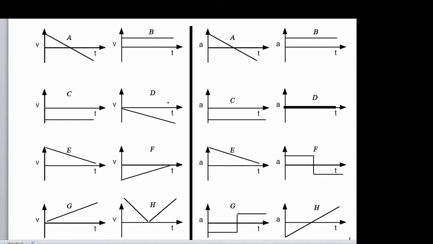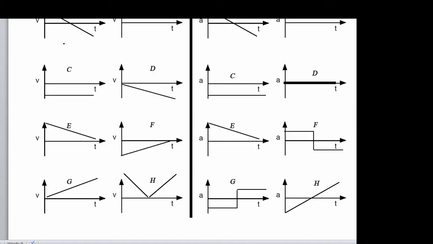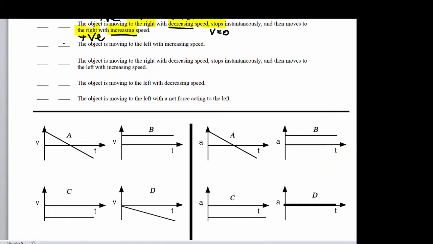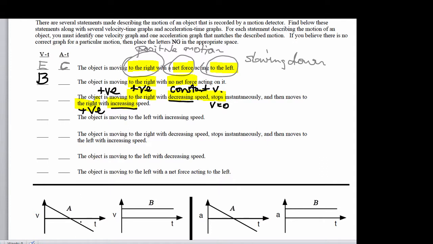Anyone else got an idea? Mike? A? All right, so A, what is A doing? Tell me what A is doing. Is it still in this area here? What is A doing? So that's going in the opposite direction, right? It did stop, you're absolutely right, but it's going in the negative direction, right?